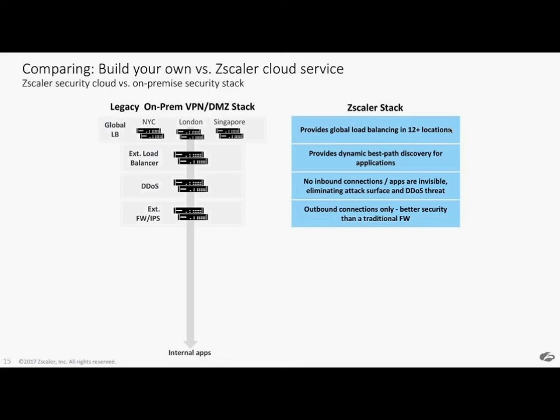For DDoS protection, you no longer need to expose that IP address to the internet. And Zscaler Cloud is doing its own DDoS protection. So that's part of our service for the connectivity into our cloud. And therefore, you're eliminating that attack surface and that DDoS threat.